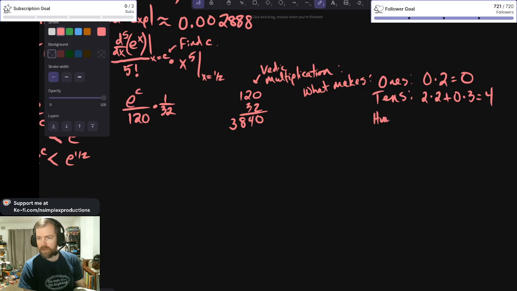Hundreds: what makes the hundreds is hundreds times ones, so 0 times 0, 2 times 3, tens times tens, and then hundreds times ones, 1 times 2. This is going to be 6, and 2 make 8.